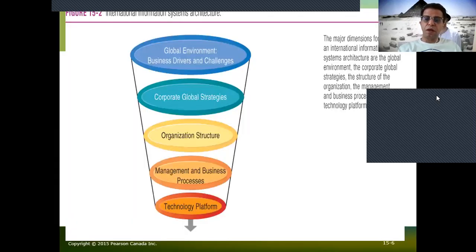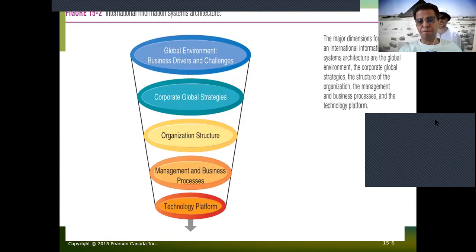So the major dimensions for developing an international information system architecture are the global environment, with its business drivers and challenges. The second part is to look at the corporate global strategy.